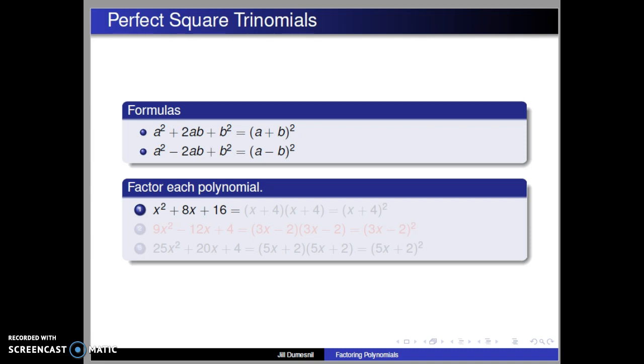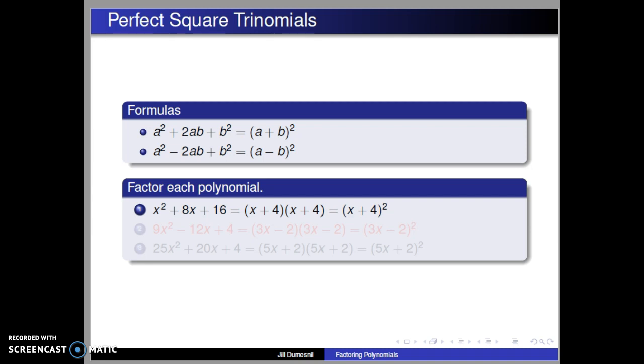Thus, we have a potential candidate for a perfect square trinomial. We can try the factorization x plus 4 times x plus 4, which we notice by multiplication back is the correct factorization. Therefore, we have x plus 4 squared.